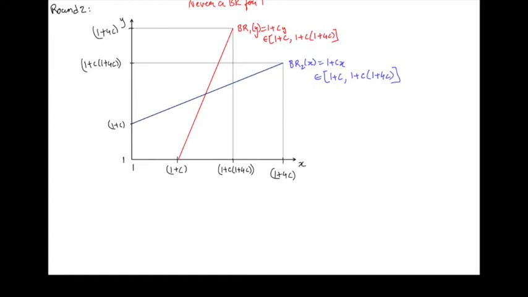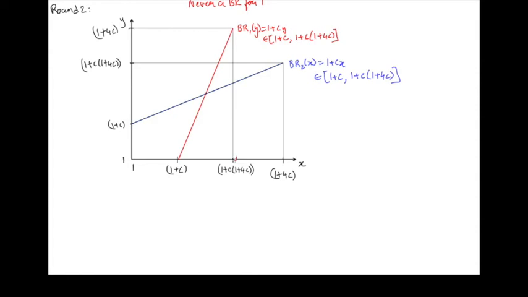So the best responses for player 1 to strategies of player 2 between 1 and 1 plus 4c are between 1 plus c and... The best response to y equals 1 is just 1 plus c. The best response to y equals 1 plus 4c is 1 plus c times 1 plus 4c.